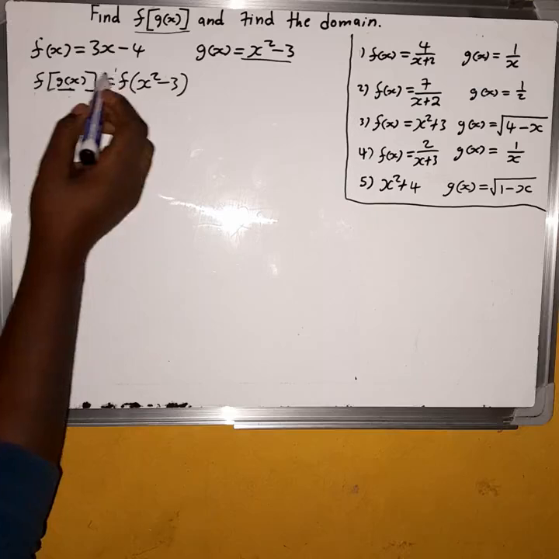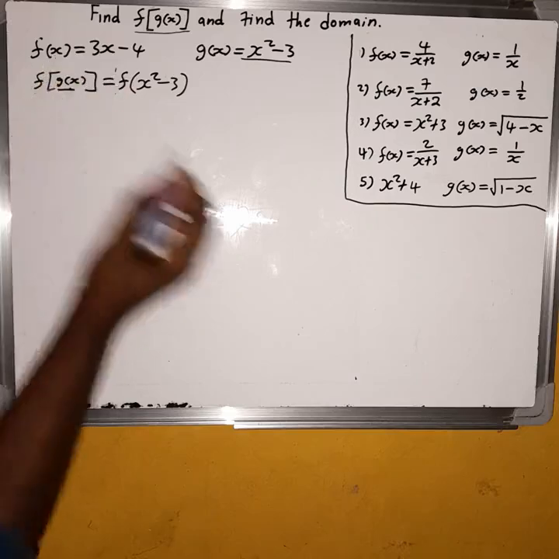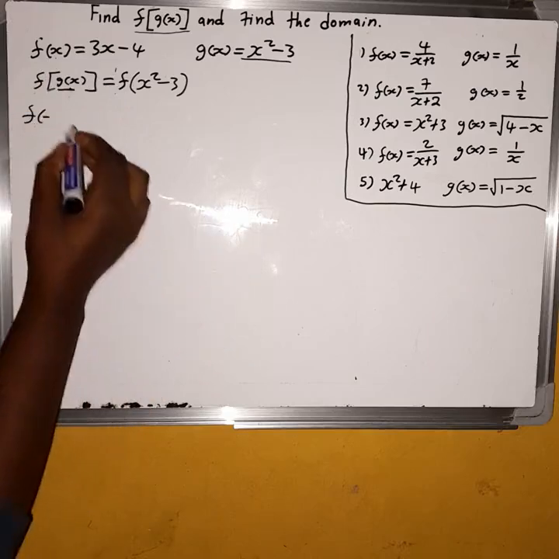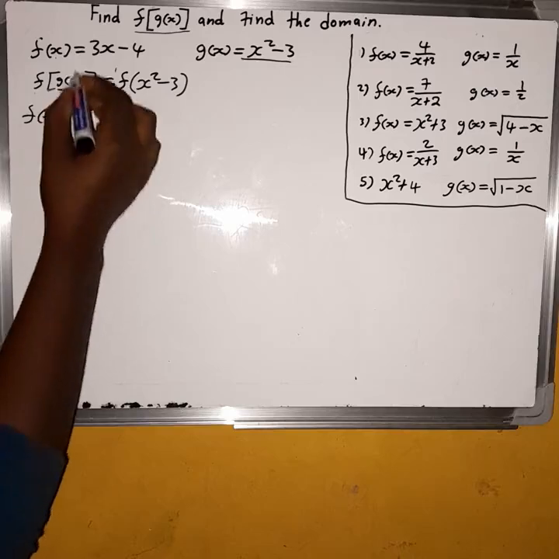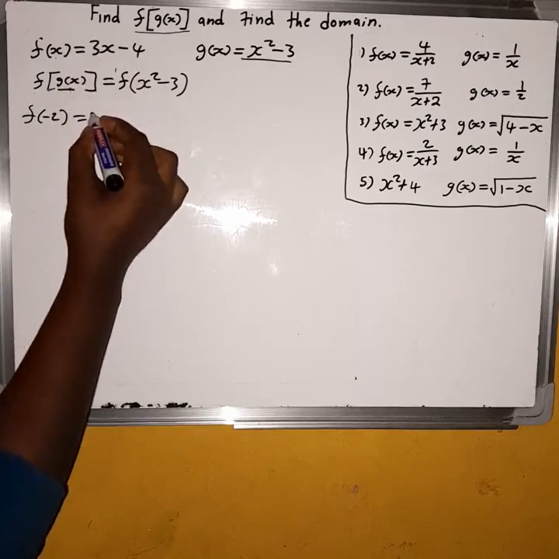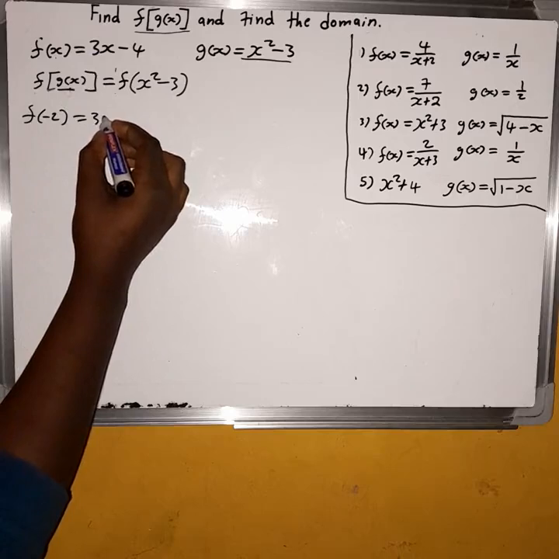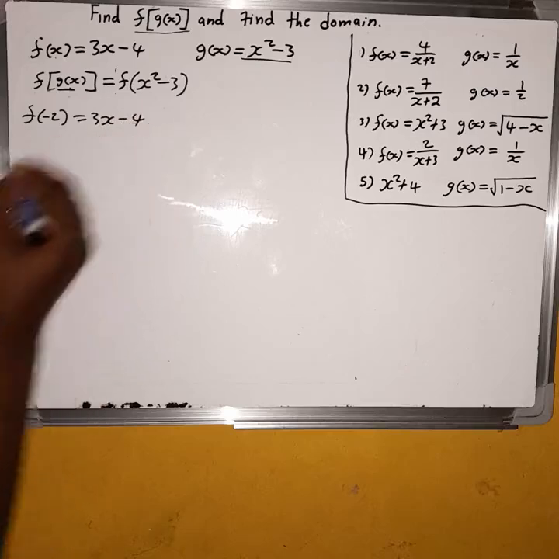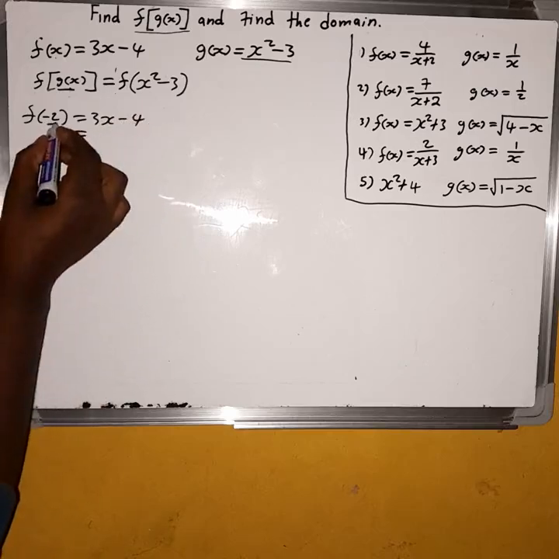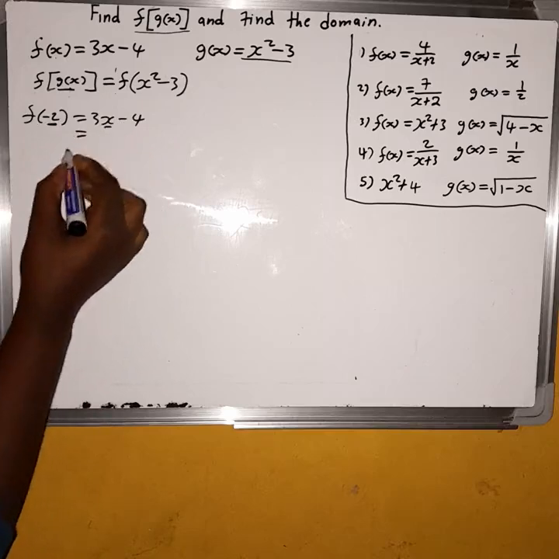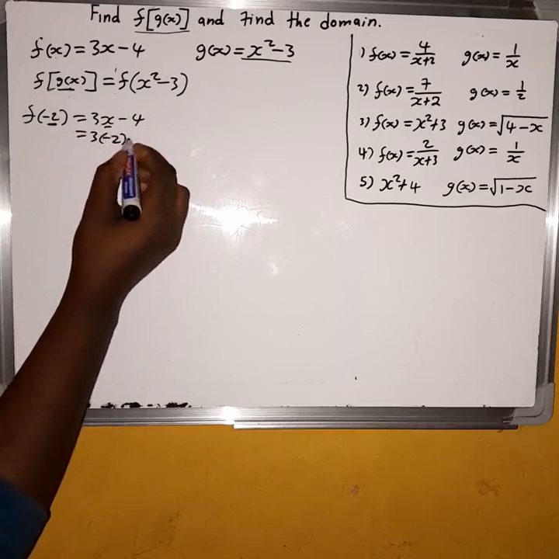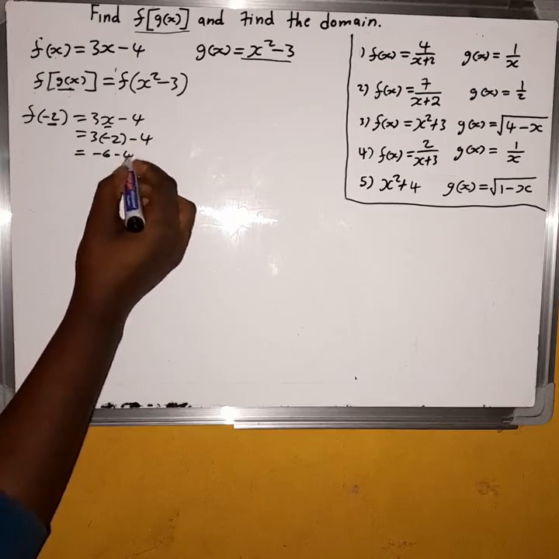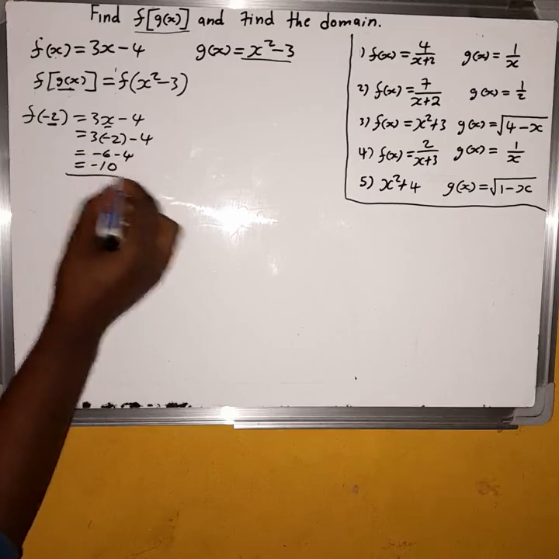It is the same as if you have f of negative 2x and you're given an equation like that. You take this negative 2 inside, and you'll have negative 6, minus 4.